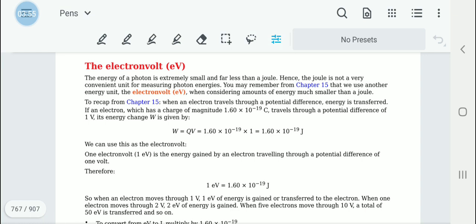As a result, the energy change W equals QV, 1.6 into 10 to the power minus 19 into 1, which is 1.60 into 10 to the power minus 19 joules. Therefore, 1 electron volt equals 1.60 into 10 to the power minus 19 joules.